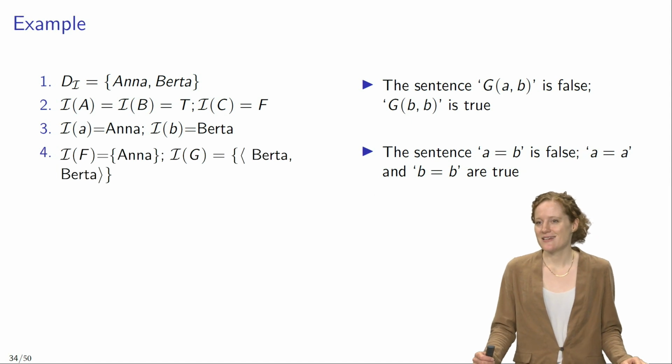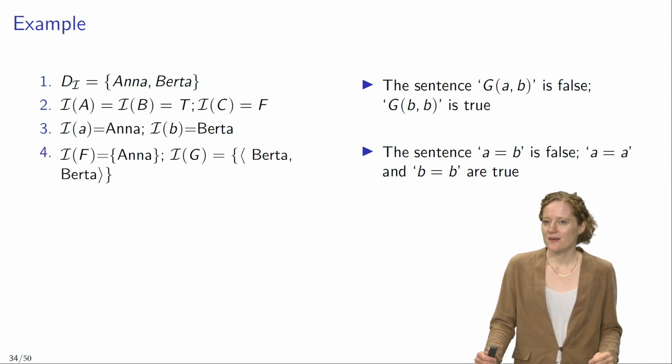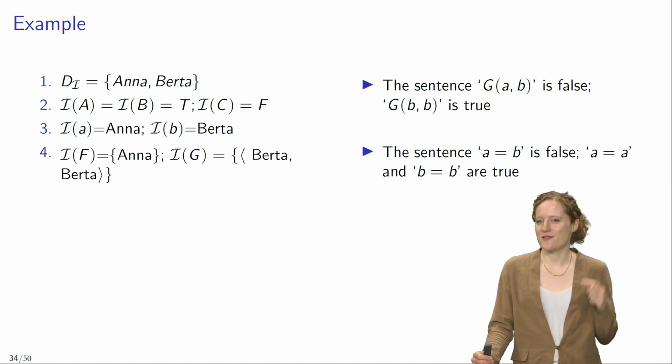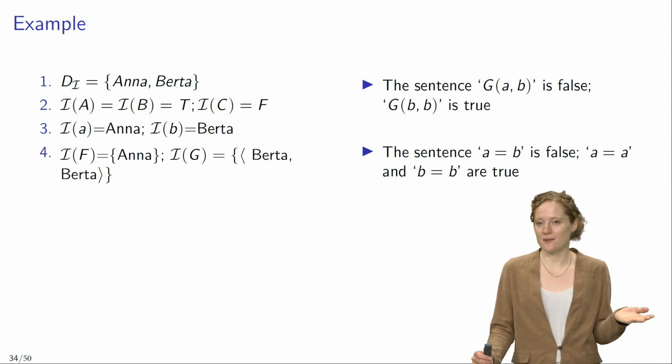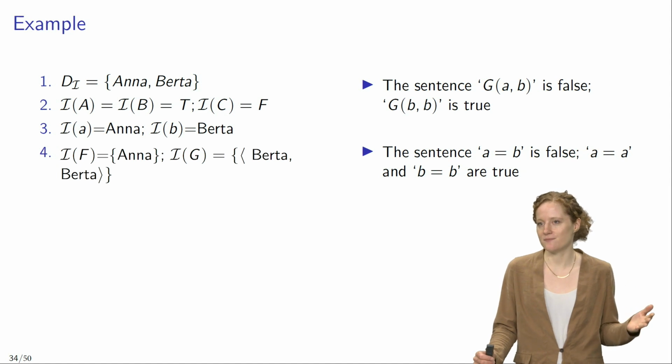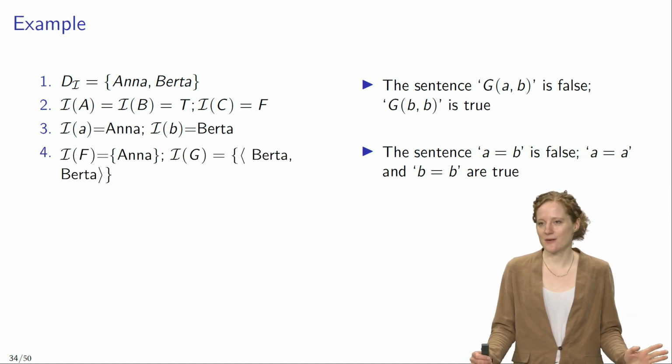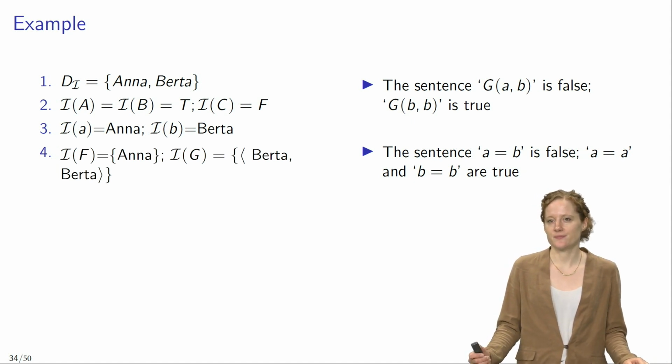Why is that? Well, B refers to Berta, and the ordered pair that consists of Berta as first member and Berta as second member is indeed an element of the interpretation of G. So that's why GBB is true. Now, furthermore, A equals B is false, given that A and B refer to different objects, but A equals A and B equals B are true.